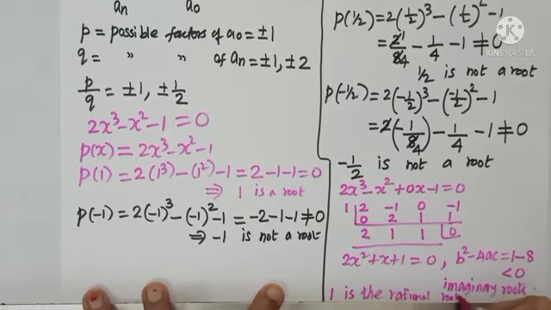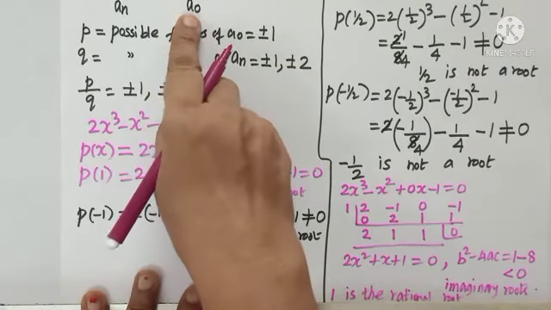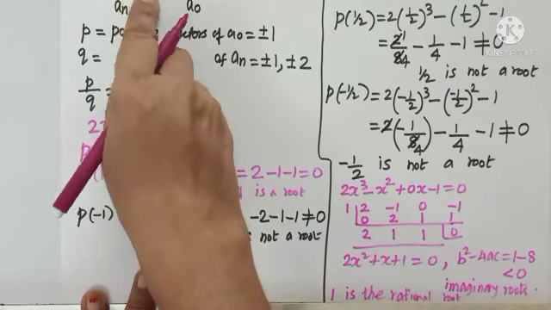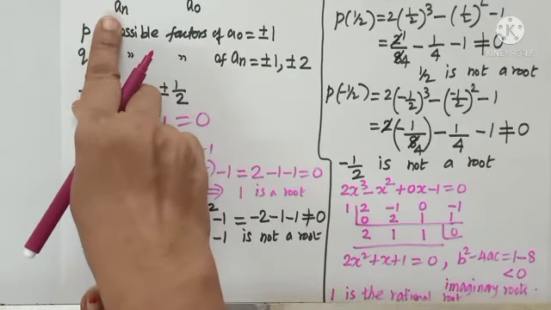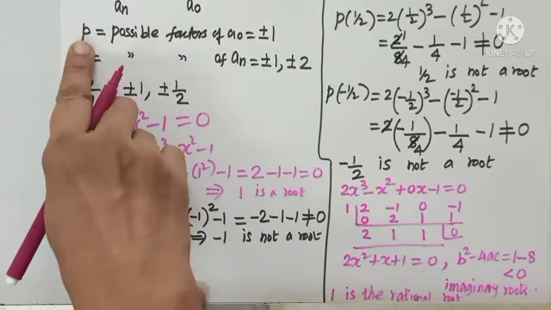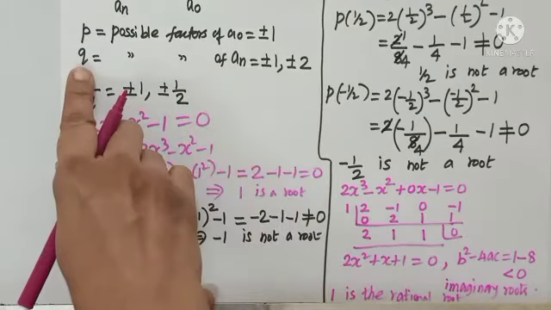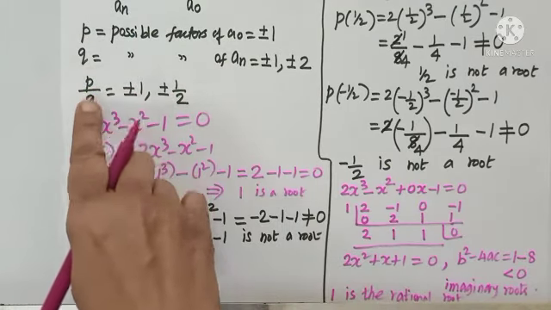So using the rational root theorem, which says call the constant as a0, call the highest term coefficient as an. Write the possible factors of a0, call them p. Possible factors of an, call them q. Find out p by q.